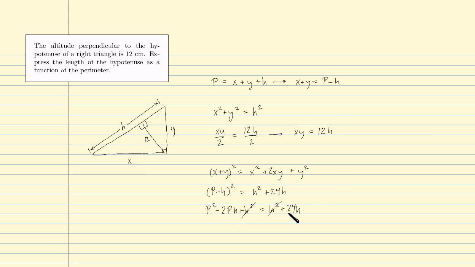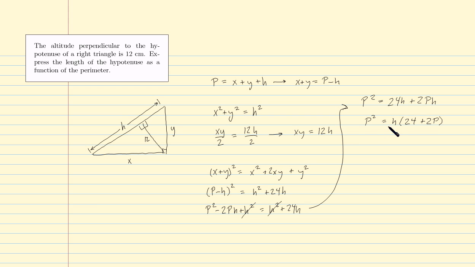Let's bring the h's to the right. So I've got p squared equals 24h plus 2ph. Of course, at this point we could factor out the h to isolate it. So h times the quantity 24 plus 2p. And that must be p squared.